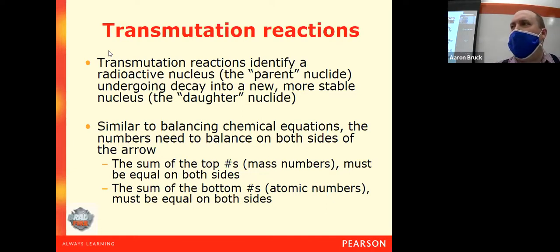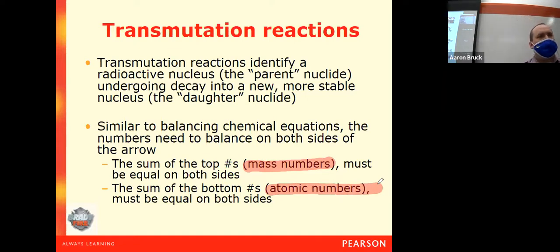In a transmutation reaction, we're more concerned with two things: particles, that is protons and neutrons, and charge. And so instead of looking at, I've got this many carbons over here and this many carbons over here, what I'm going to look at instead are mass numbers and atomic numbers.